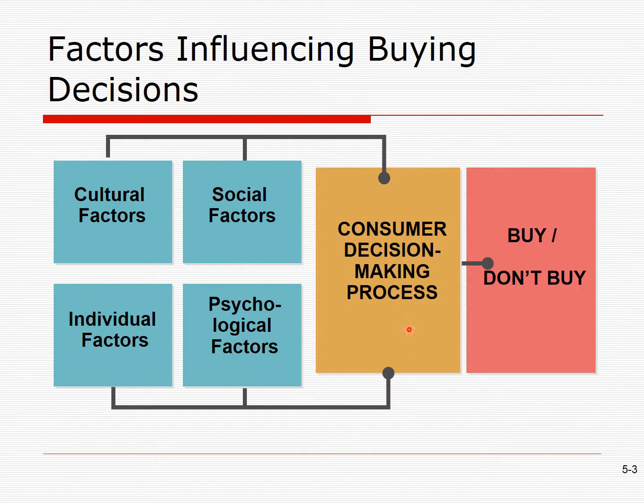So we've got the consumer decision making process here, and the cultural and social factors, the individual factors and psychological factors all contribute to this process, which results in a decision to buy or not buy, or to act or not act. It doesn't always have to lead to a purchase decision, but some desired outcome that the marketers are asking for.